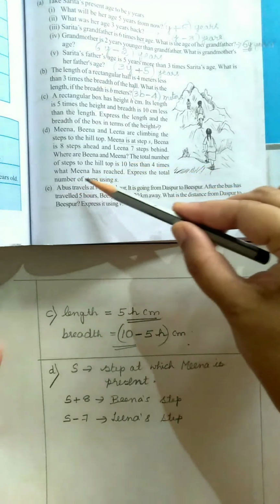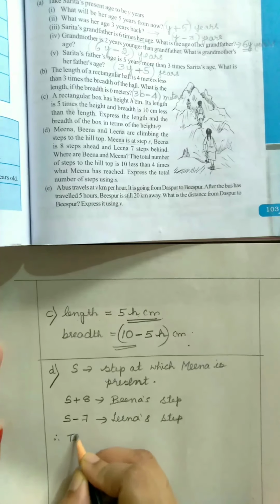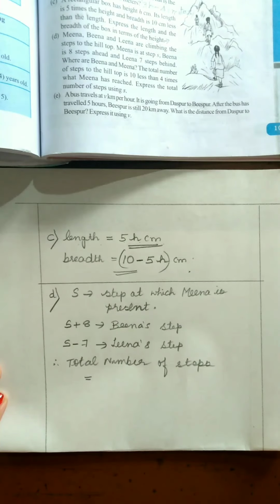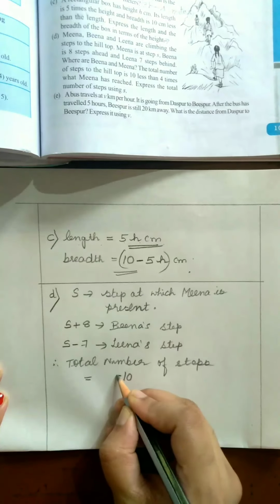Express the total number of steps using s. So the total number of steps to the hilltop is 10 lesser than 4 times what Meena has reached. 10 lesser than means it is minus.